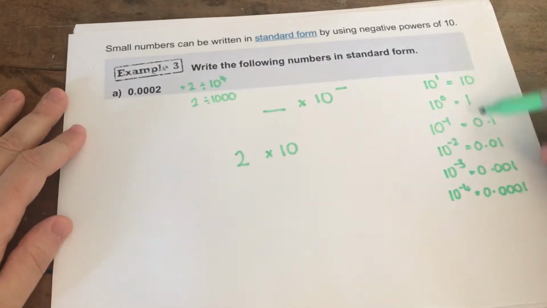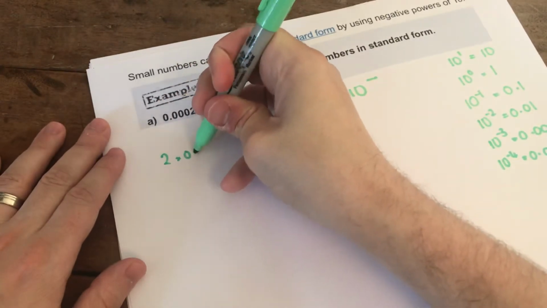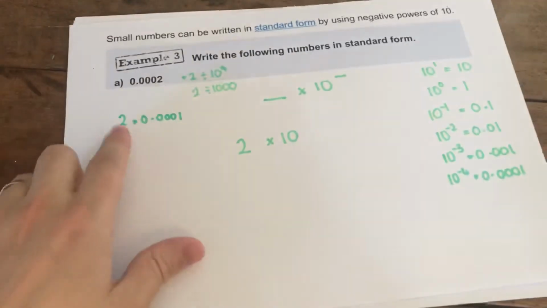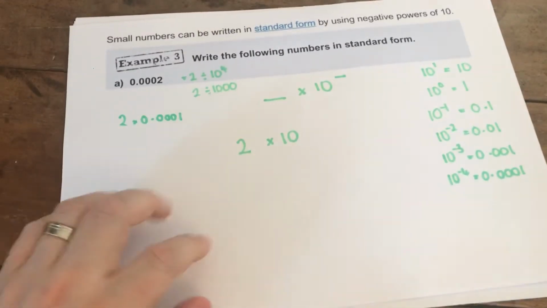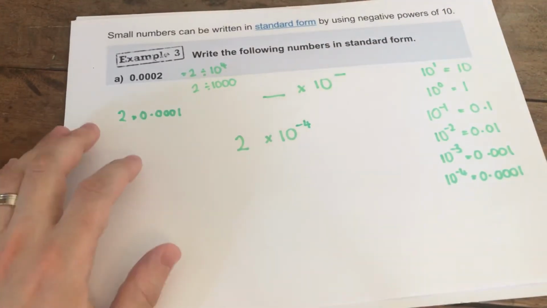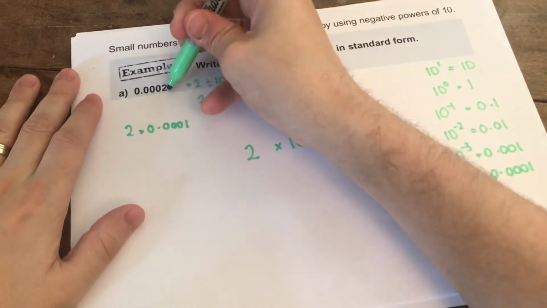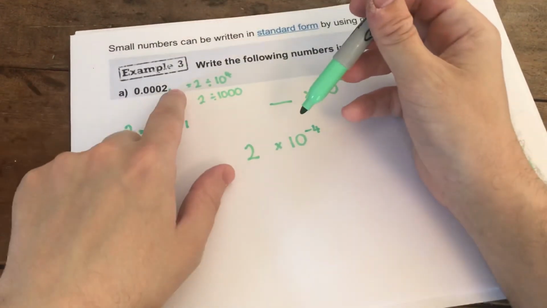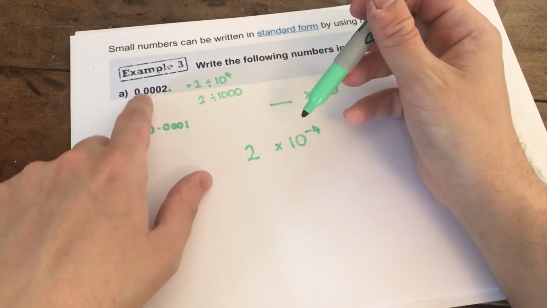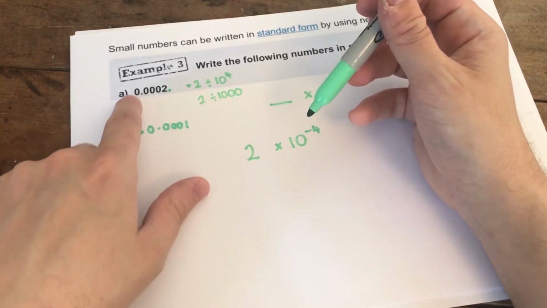So we use this to help us do it. In this case, it's like saying 2 times 0.0001, so we would say 2 times 10 to the power of minus 4. There's a couple of ways you can think of this. One way is to put your decimal point in and ask how many times I would have to multiply by 10 to get to my answer.